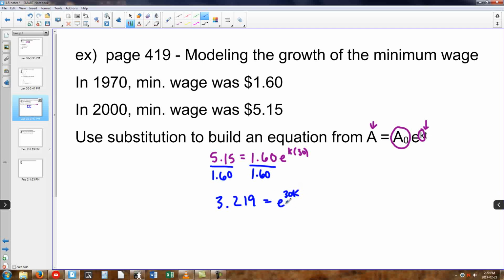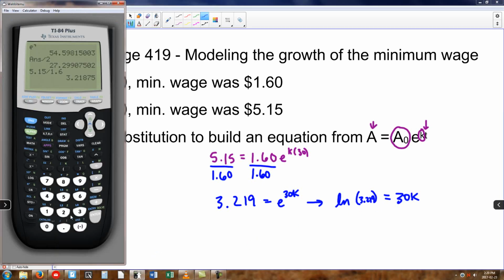Now what we want to do is change this exponential to a logarithm, and because it's base e, we'll use an ln. That allows us to use the base e, and we know that all logs equal the exponent, so that's 30k, and over here we have 3.219. Well, I can take the ln of 3.219 pretty easily.